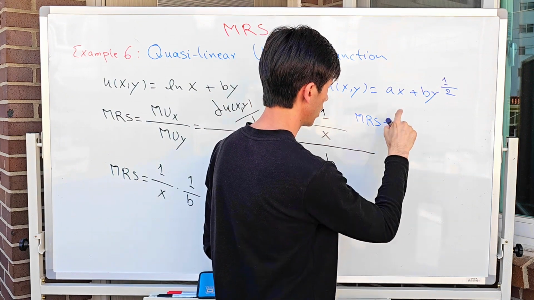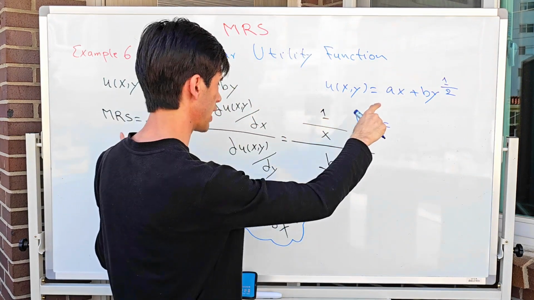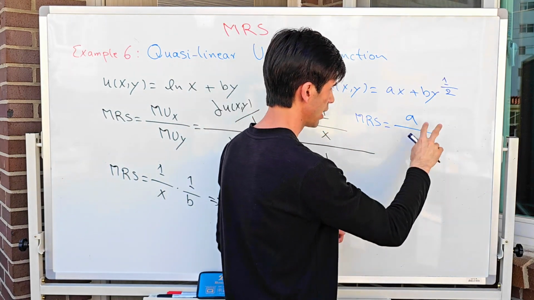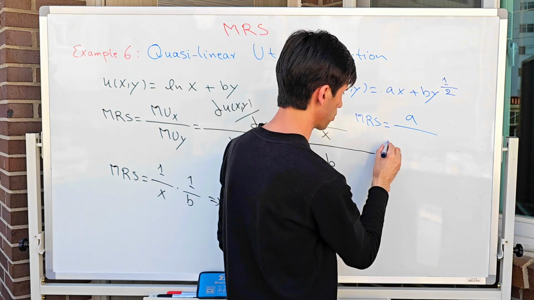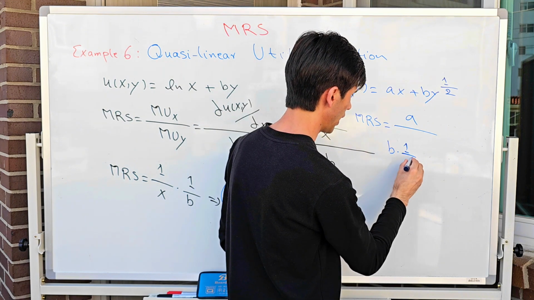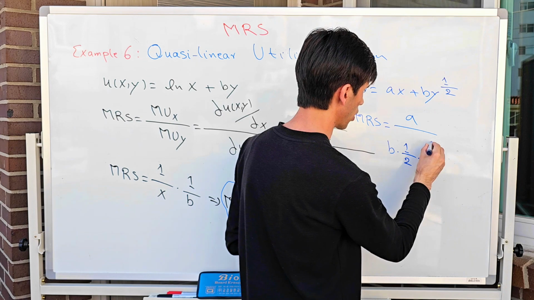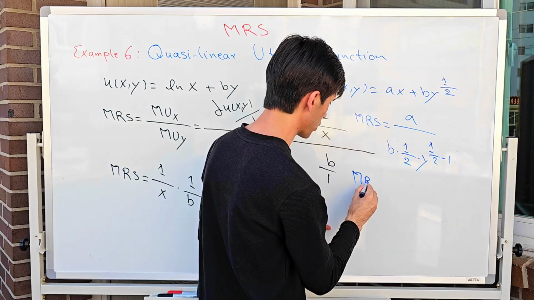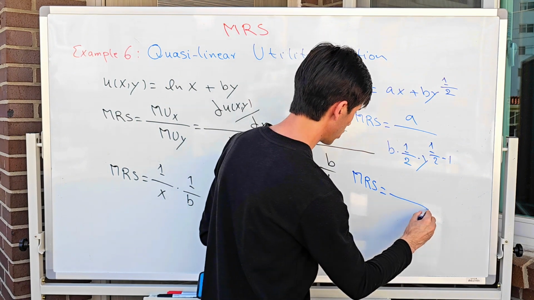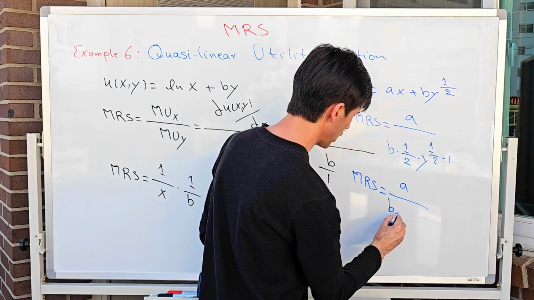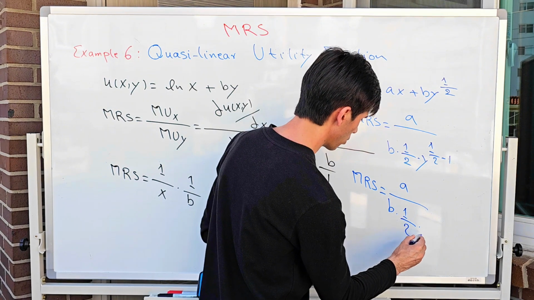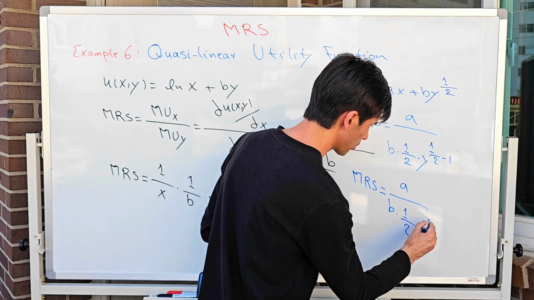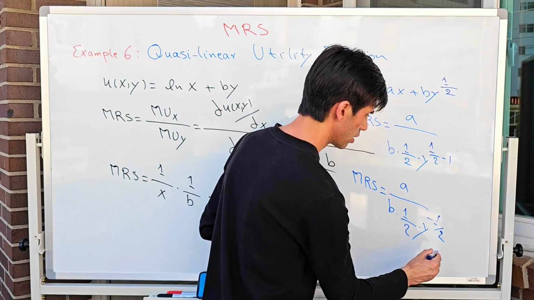Let's find the marginal utility of x first, which is equal to a, then the marginal utility of y, which is equal to b multiplied by 1 over 2 y to the power of 1 over 2 minus 1. Then the marginal rate of substitution will be equal to a divided by b multiplied by 1 over 2 multiplied by y. 1 over 2 minus 1 is equal to minus 1 over 2.